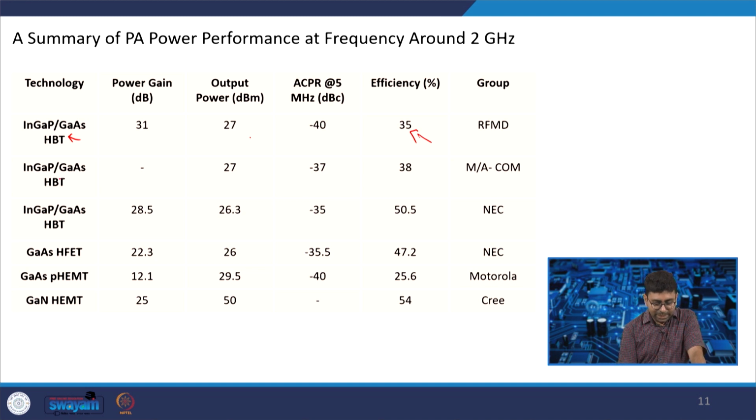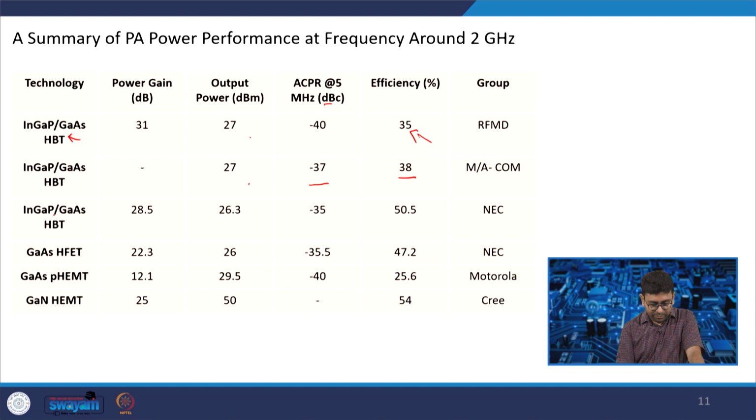Then there is the indium phosphide gallium arsenide HBT, which has a similar performance, with ACPR at 5 megahertz of minus 37 dBc, which we already discussed earlier, and the efficiency is 38%.